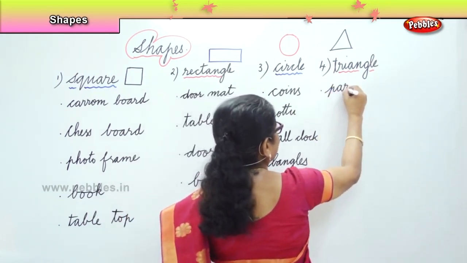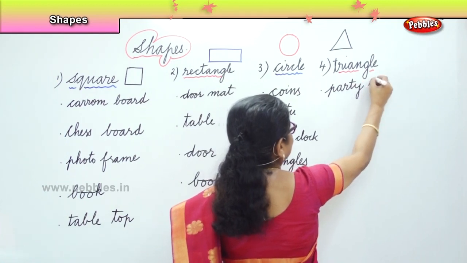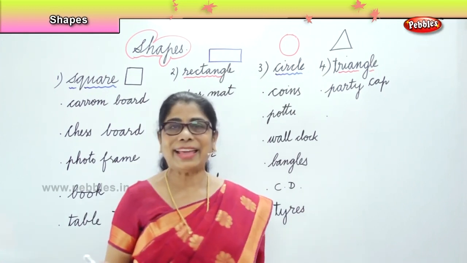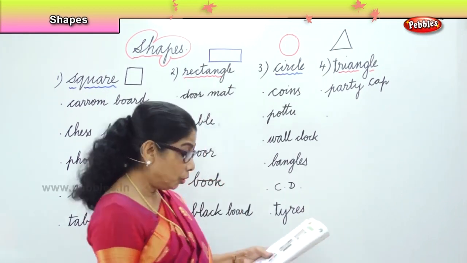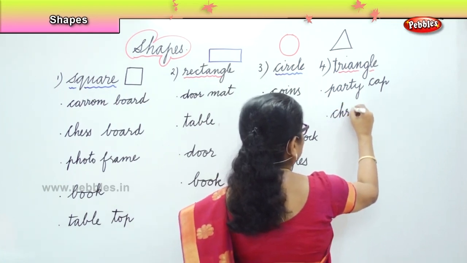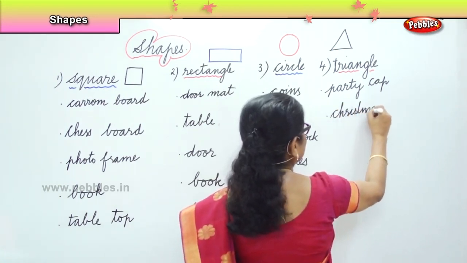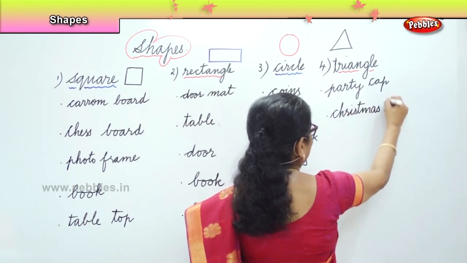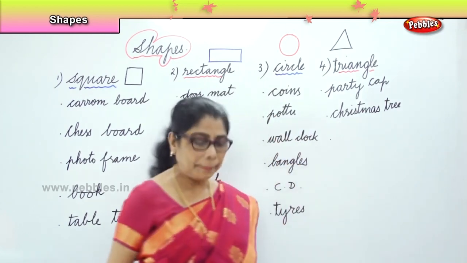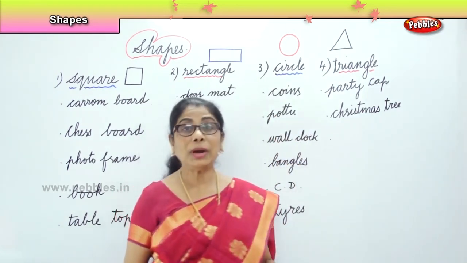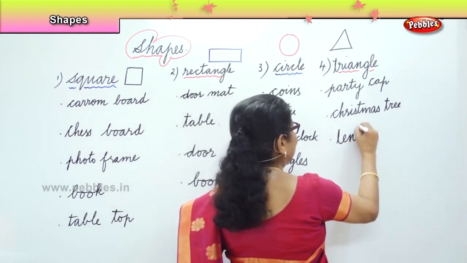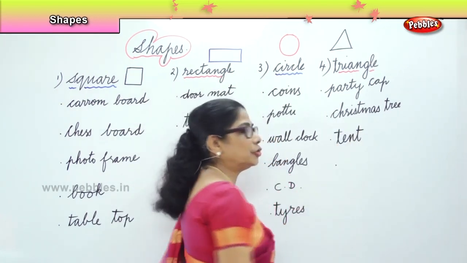Next, what else is triangular in shape? Your Christmas tree. Very good. Christmas tree can be triangular in shape. What about the tent? The tent you put up. Tent is normally triangular in shape.